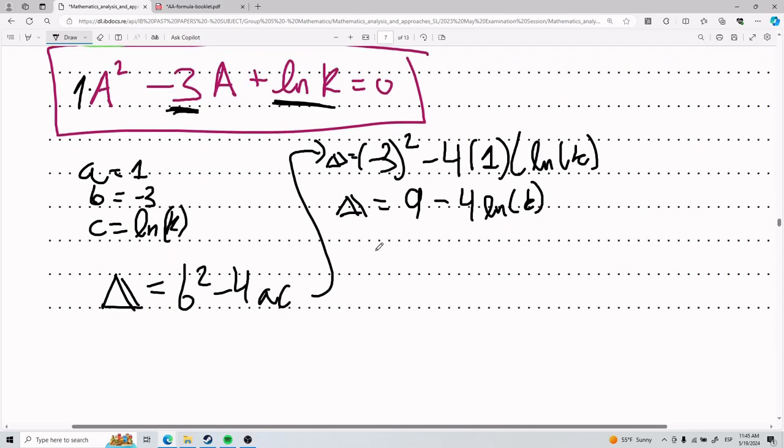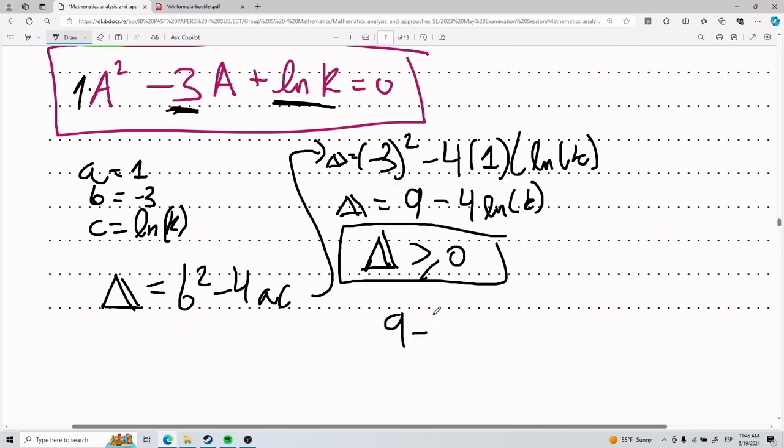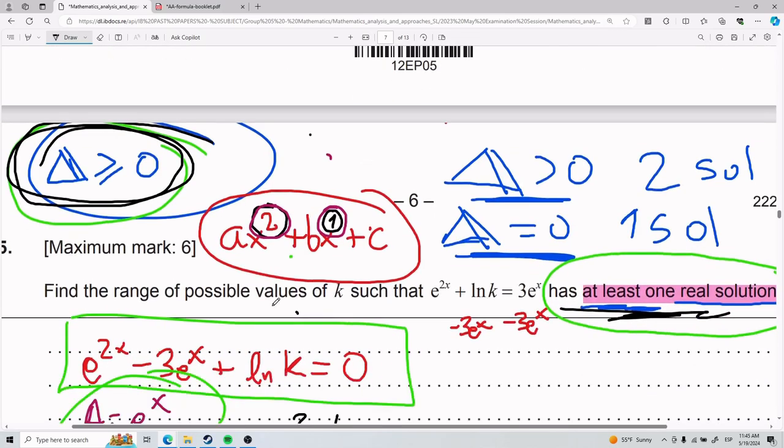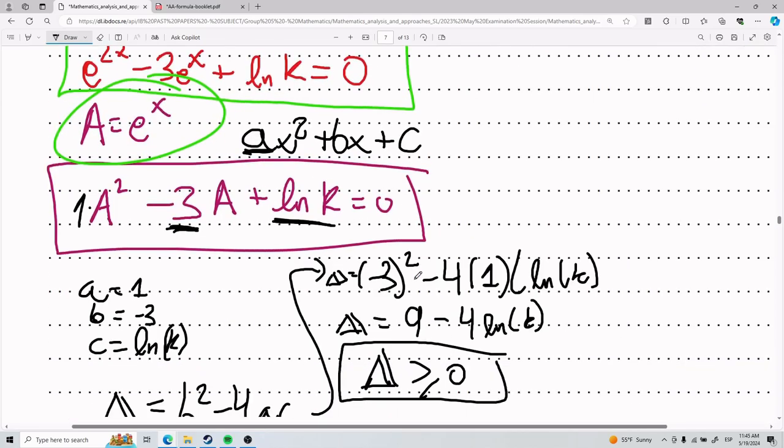All right, interesting. And so from here, we need to apply our condition, which is the discriminant being greater than or equal to 0. So this whole thing has to be greater than or equal to 0. And because we want to find the values of k, try to get k alone.